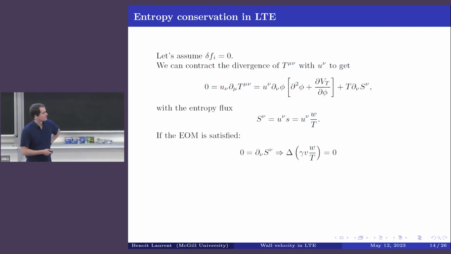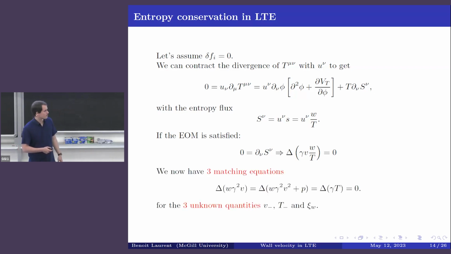But because of this entropy conservation, we can get a third matching equation that we can use to solve for the wall velocity. So in practice, we have traded our equation of motion for a new matching equation that only means that the entropy is conserved in the plasma.